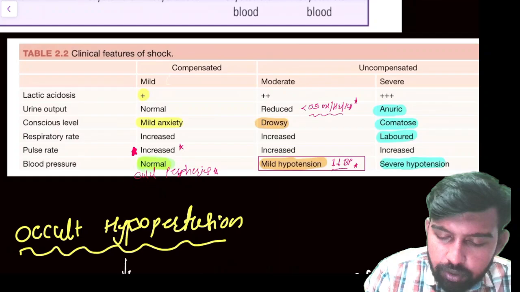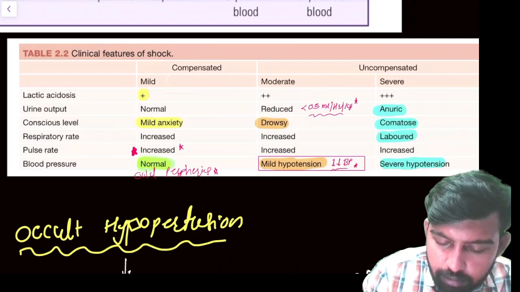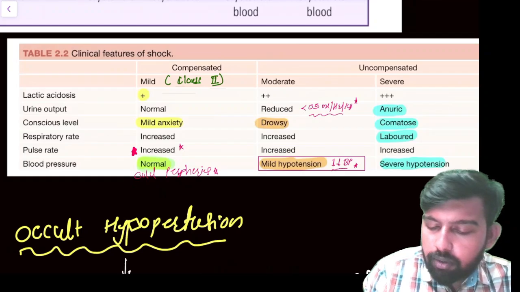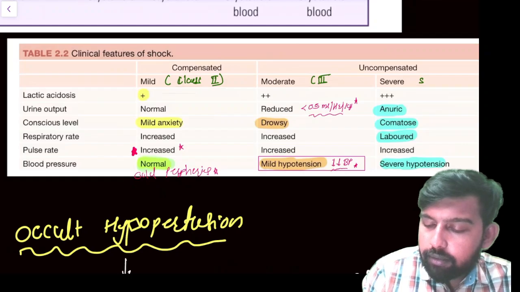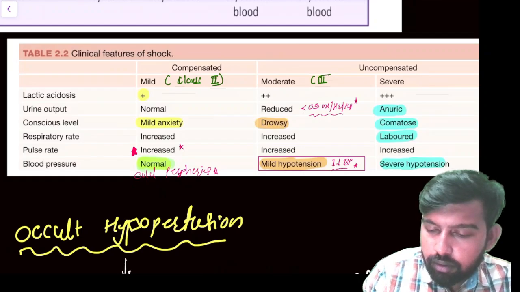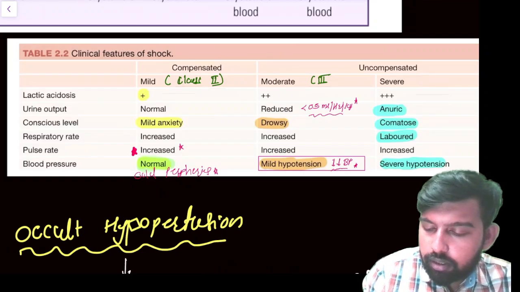The mild type of shock is class 2 shock. Moderate is a class 3 shock, and severe is a class 4 shock.